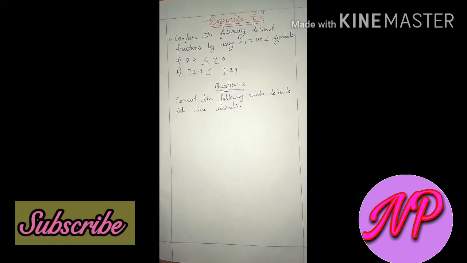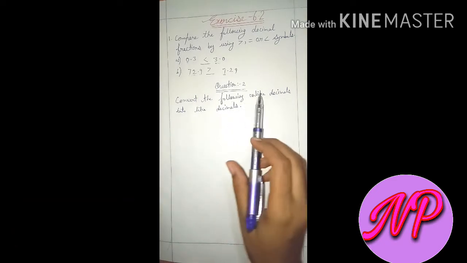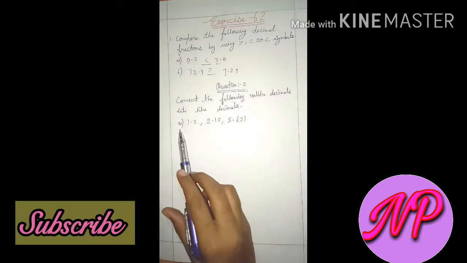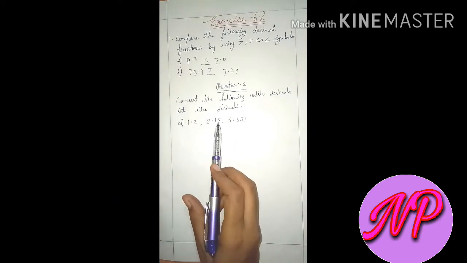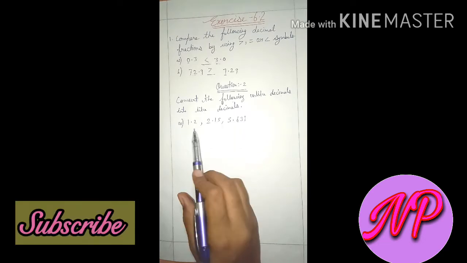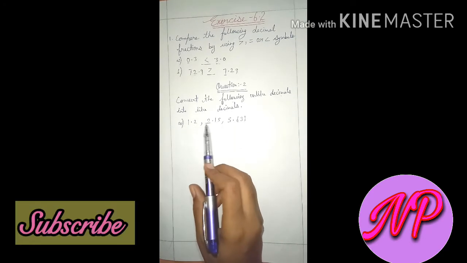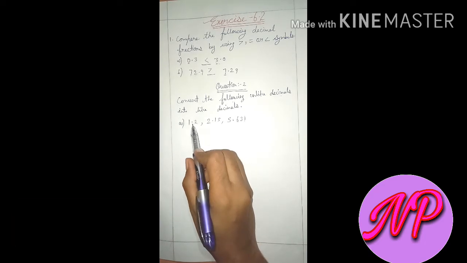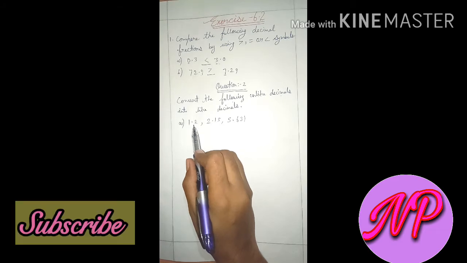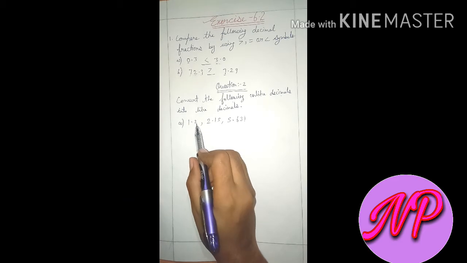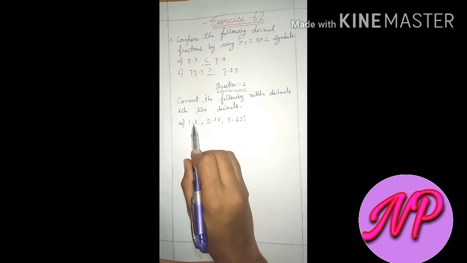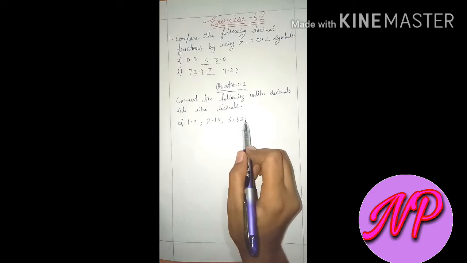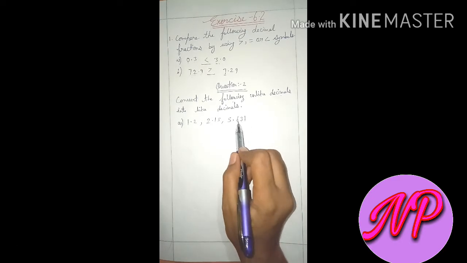Okay, now question 2: convert the following unlike decimals into like decimals. To find out whether decimals are like or unlike, we check the decimal places. In the first given number there is 1 decimal place, in the second number 1, 2, there are 2 decimal places, and in 5.631, 1, 2, 3, there are 3 decimal places.